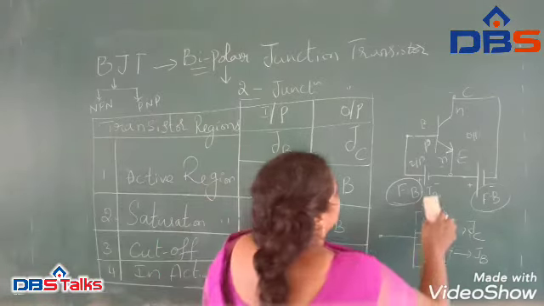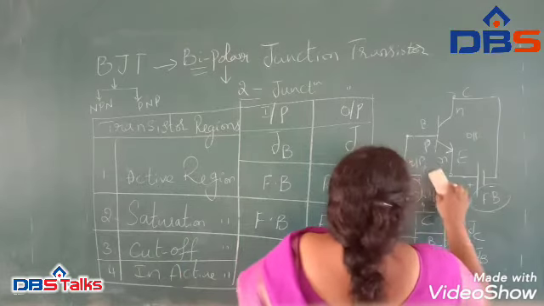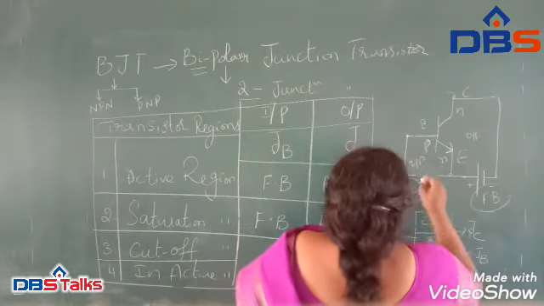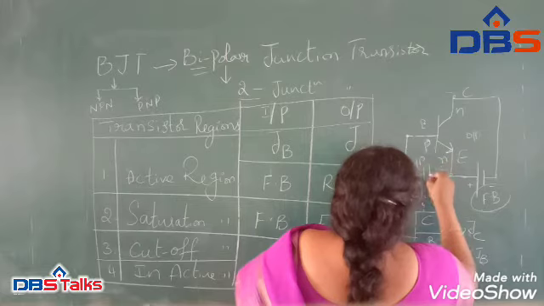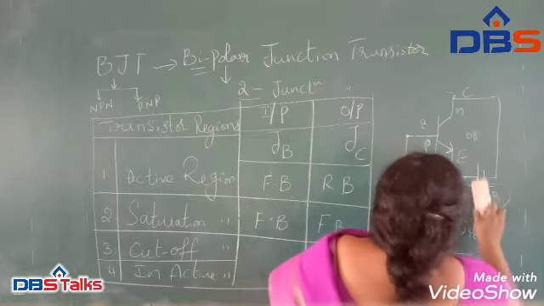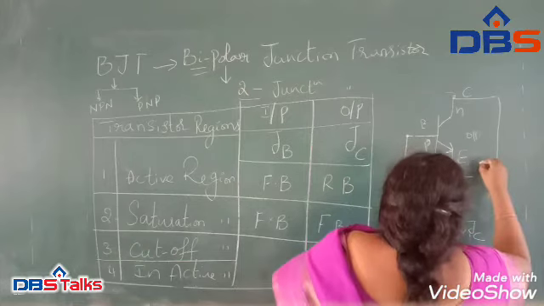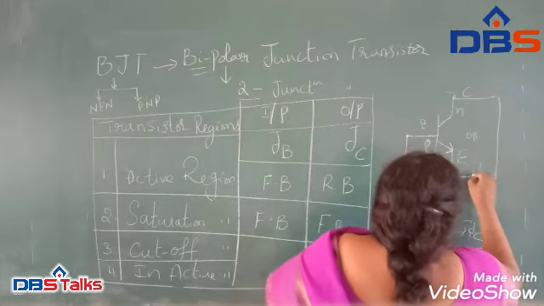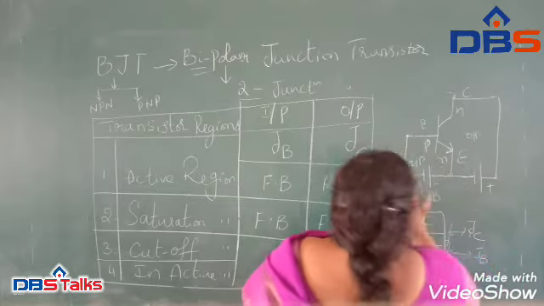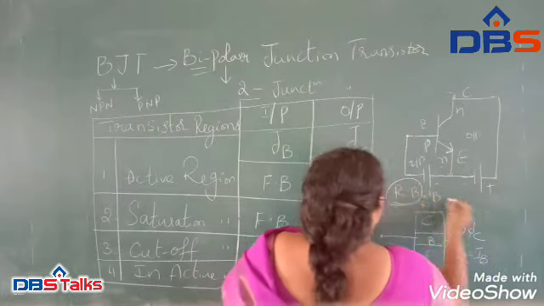Suppose this is negative, positive to negative and positive, and again here also positive and negative. So both are reverse bias.